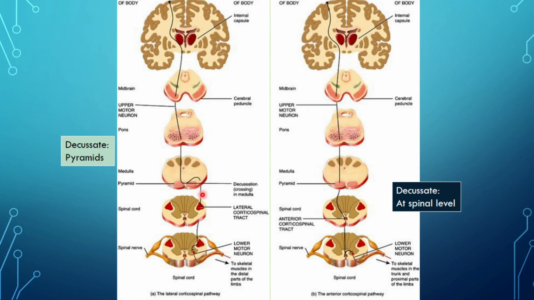So now it carries on down the spinal cord in what we call the lateral corticospinal tract, and it runs down to the particular level that the spinal nerve that is going to control your, we said hand movement, didn't we? So we want to get down to around T1 level.